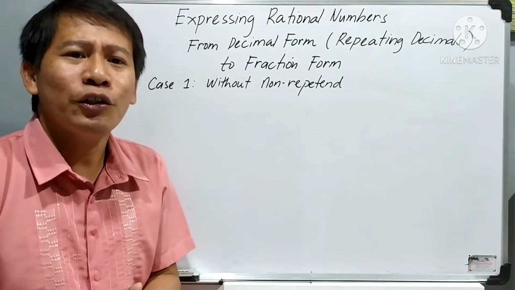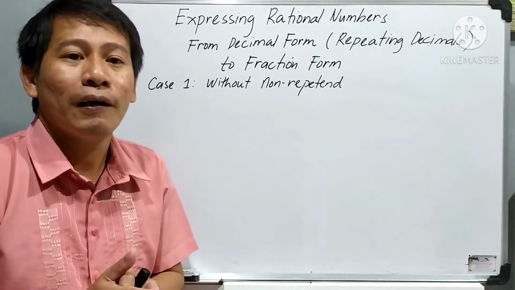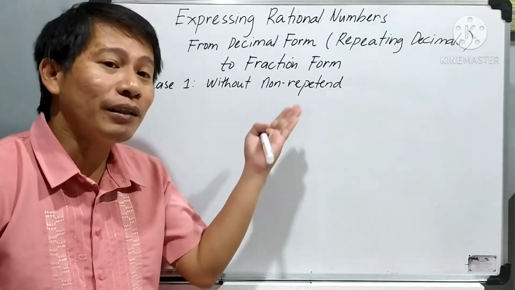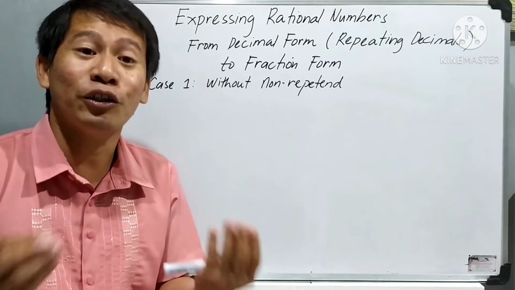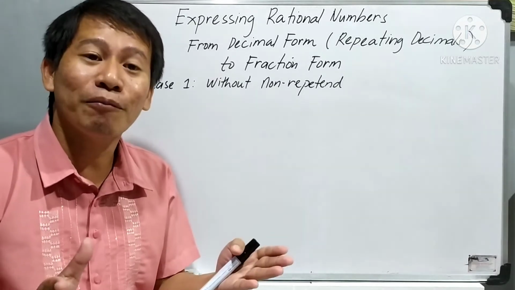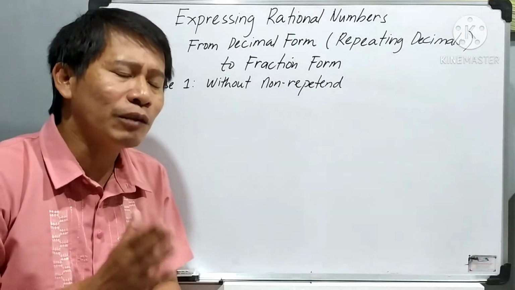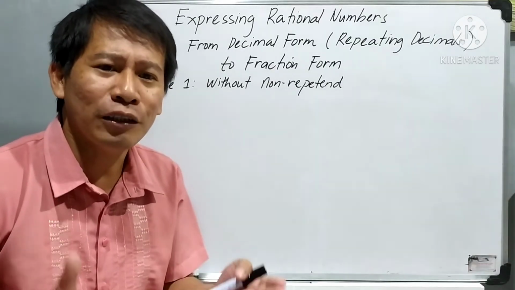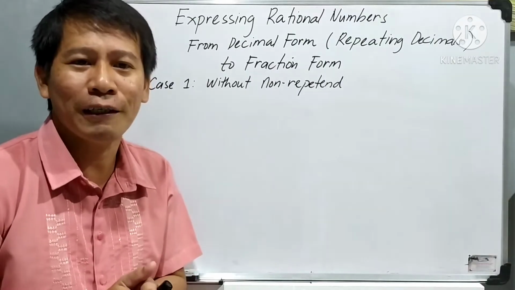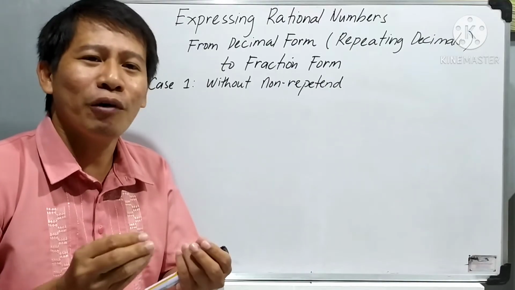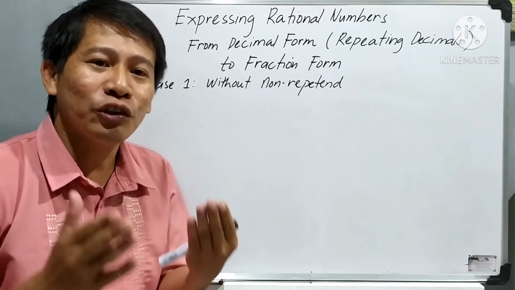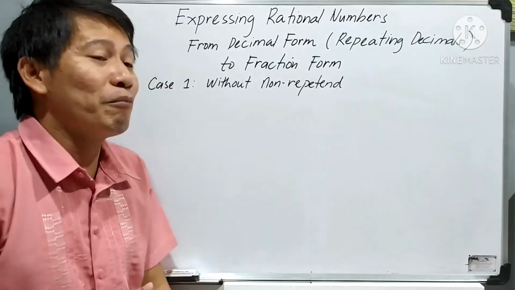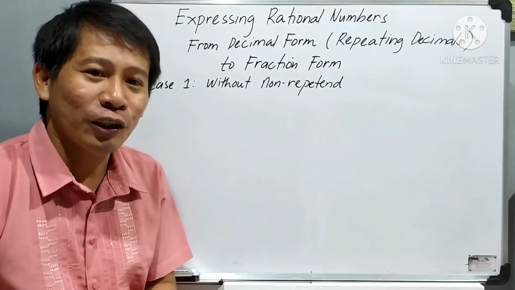Actually, the usual way of expressing repeating decimal as fraction is making use of equations. So, ginagamitan ng mga equations. But in this video, share ko sa inyo yung pinaka-shortcut way or yung somewhat tricks na pinakamabilis na paraan how to change repeating decimal into fraction.